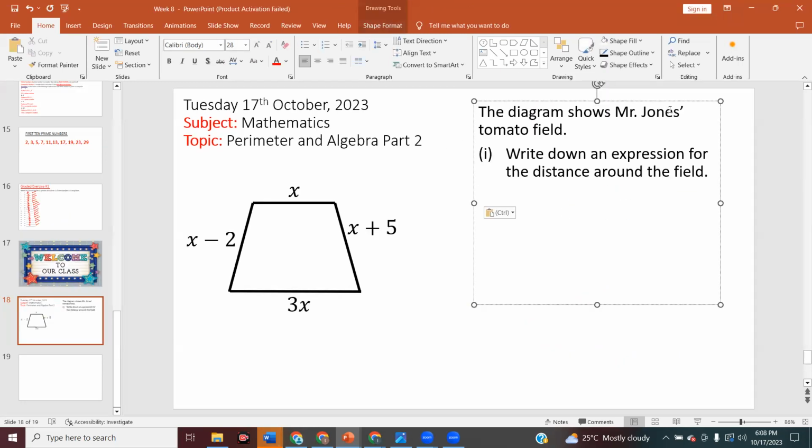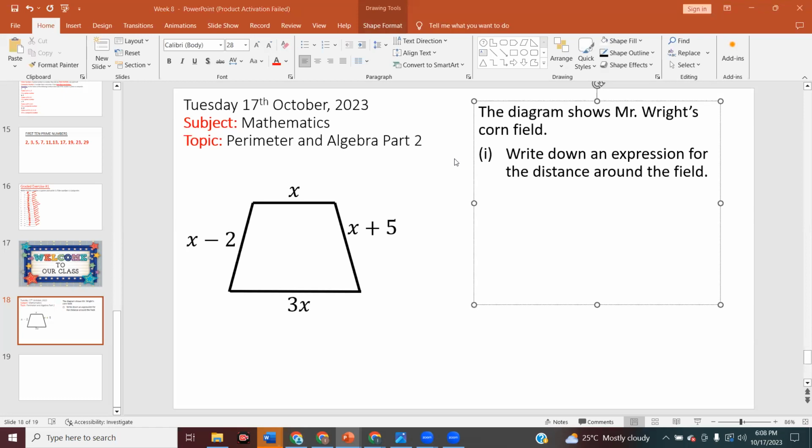So let's say that we are going to call this person, instead of Mr. Jones, Mr. Wright. Let's say Mr. Wright's cornfield. So the diagram shows Mr. Wright's cornfield. Write an expression for the distance around the field. And we did this yesterday.